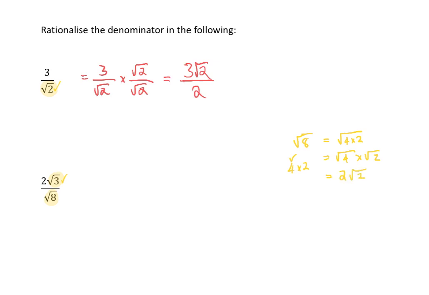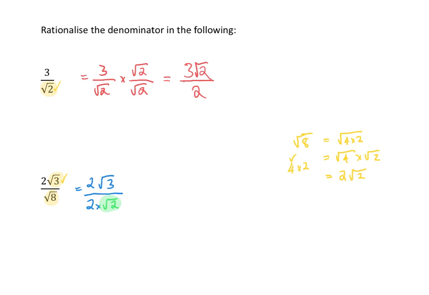Going back, I can rewrite my original expression using my simplified values. So that is going to equal 2 times the square root of 3 divided by 2 times the square root of 2. Now when I rationalise my denominator, I only take the surd, not the whole denominator.